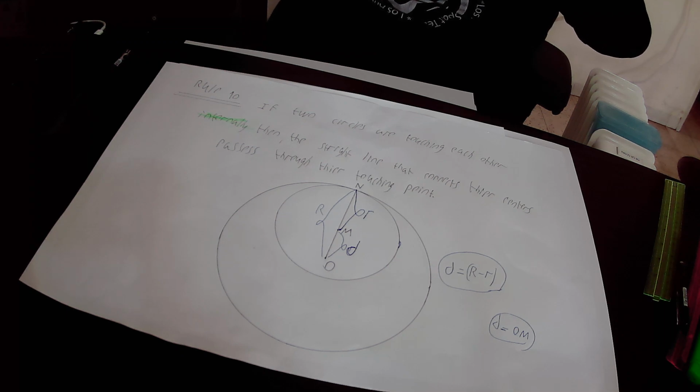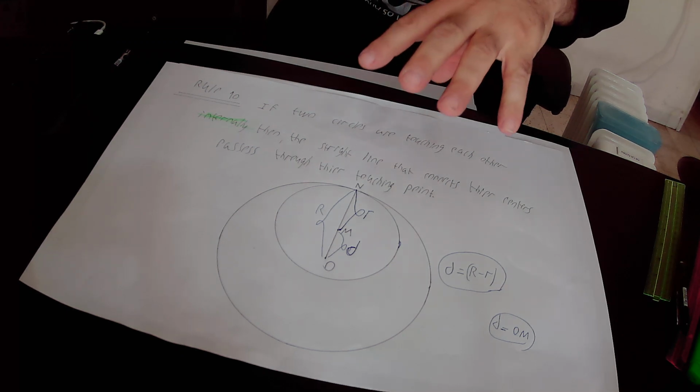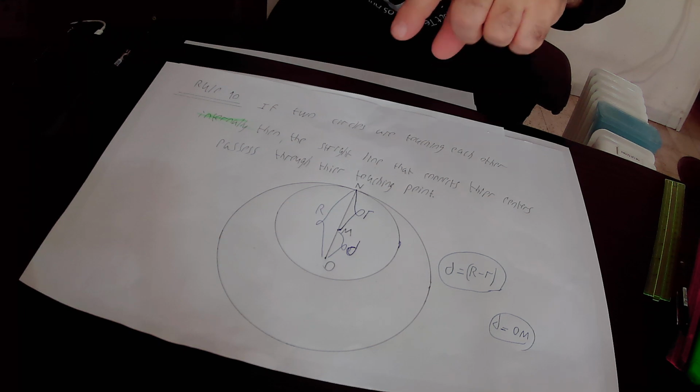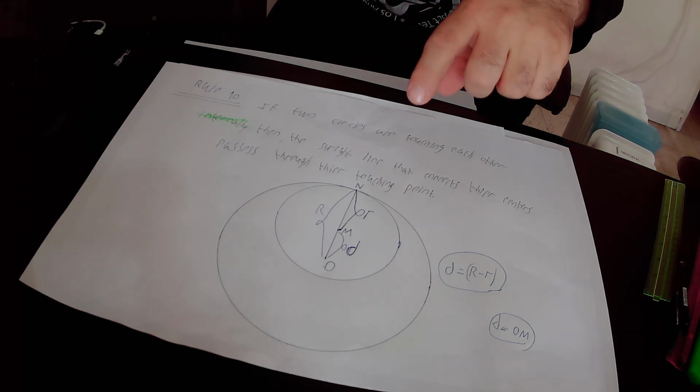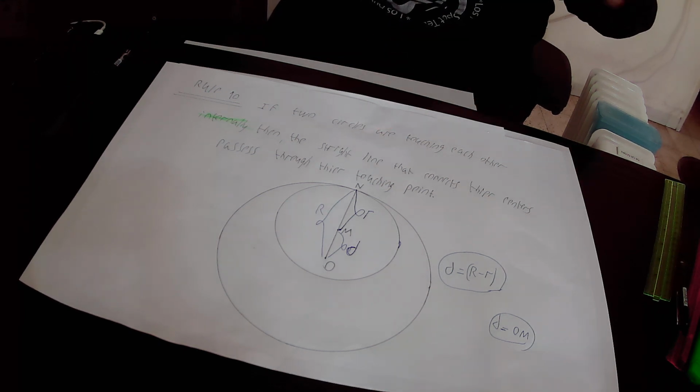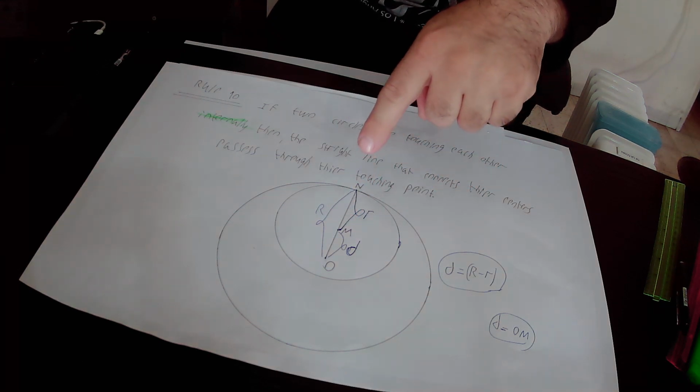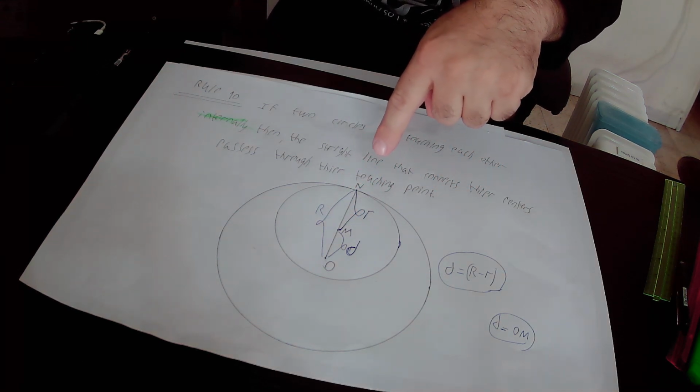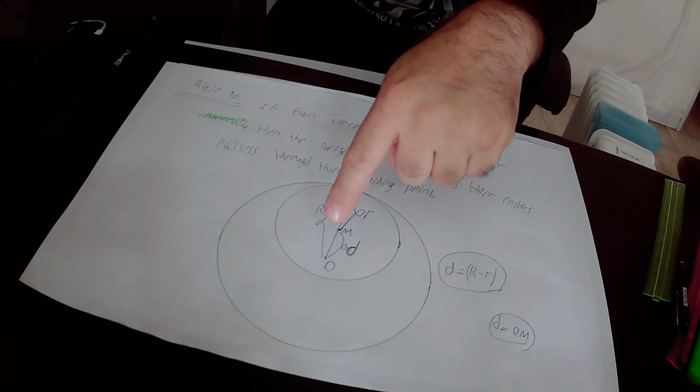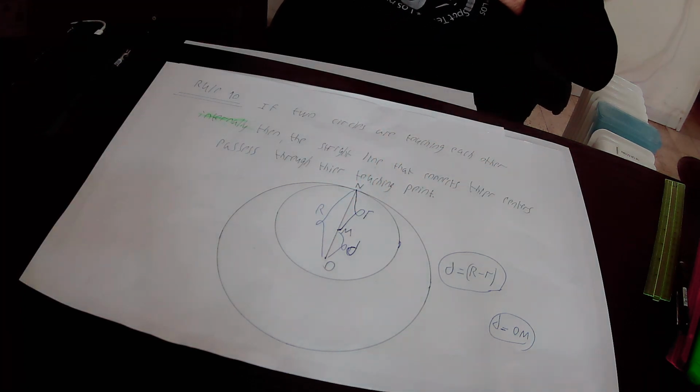Whenever you have an internal notch between two circles, the straight line that connects the centers together must pass through their touching point. In this case, the straight line OM must pass through point N.